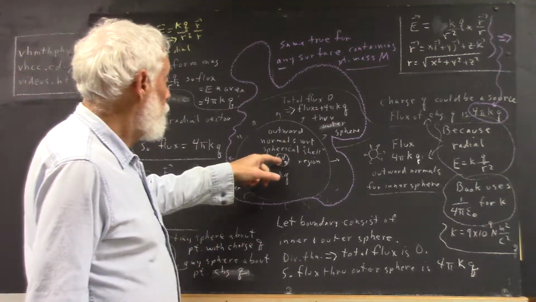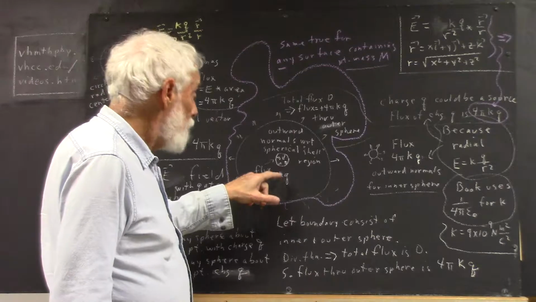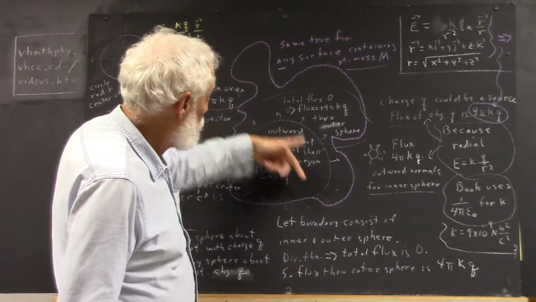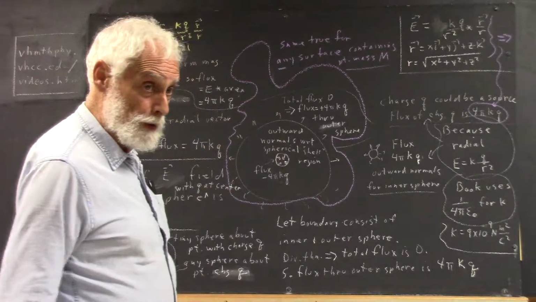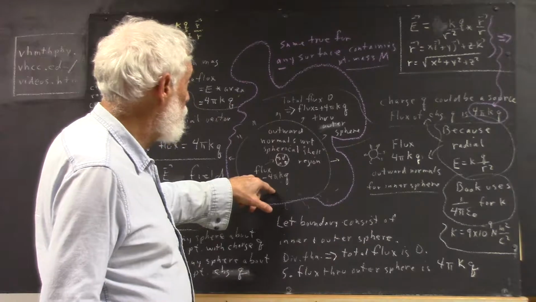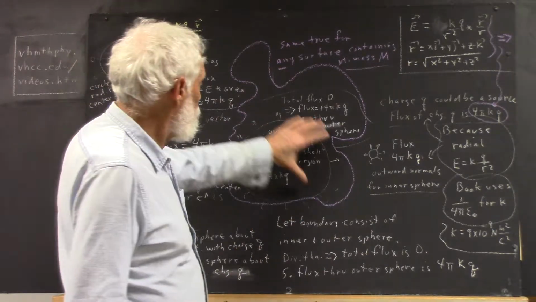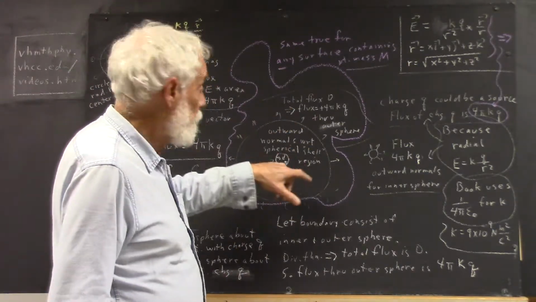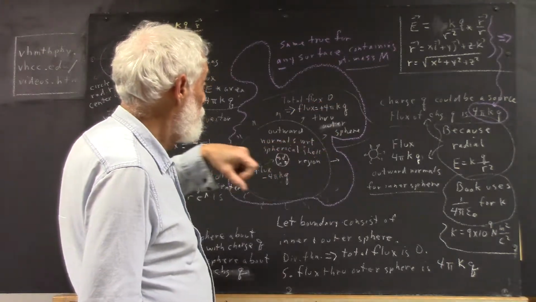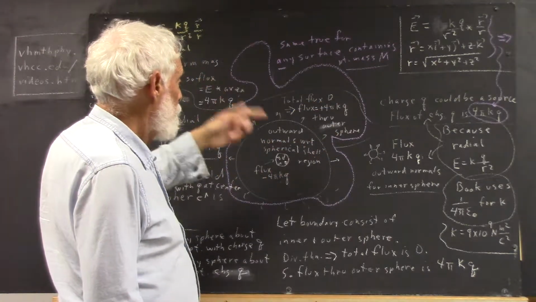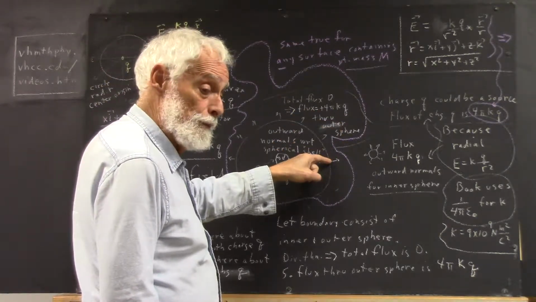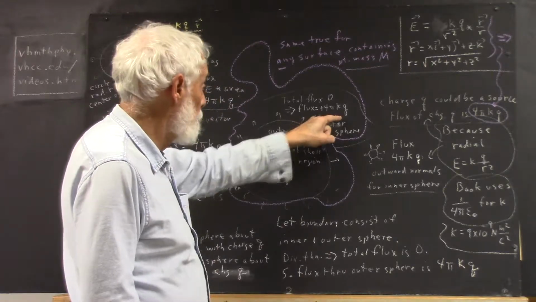Then the flux through here is going to be negative 4 pi kq because, of course, the flux going this way through the sphere is 4 pi kq. If this flux is negative 4 pi kq, the total flux through the entire surface of this region is 0. Well, that means that the flux has to equal 4 pi kq through the outer sphere. Flux through the outer sphere is 4 pi kq.